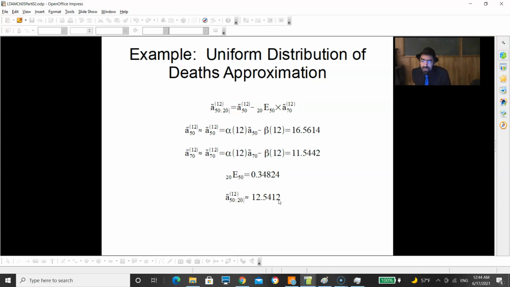Why is one a little bit bigger than the other? So uniform distribution of deaths assumes that the deaths are a little more spread out. Whereas Woolhouse's approximation will use that curvature to try to estimate whether more people are dying earlier in the year or later in the year.